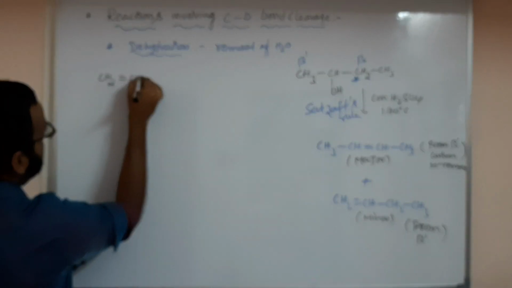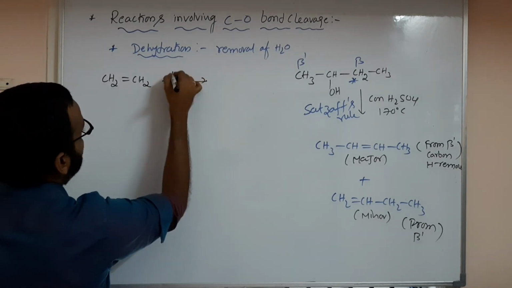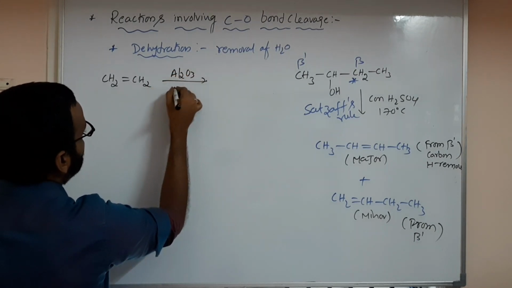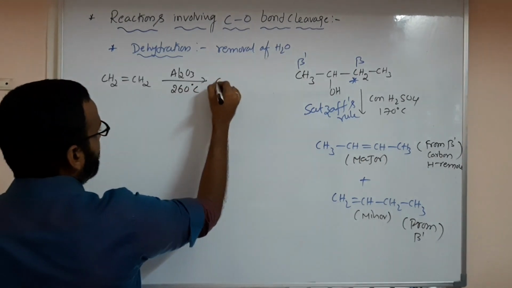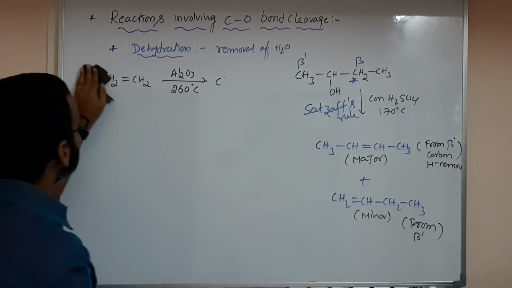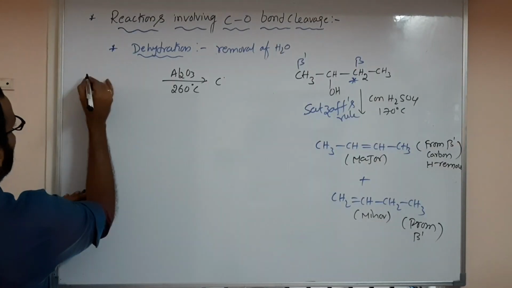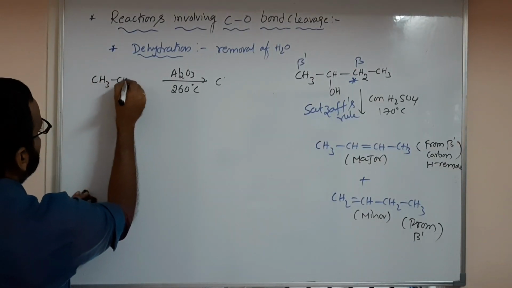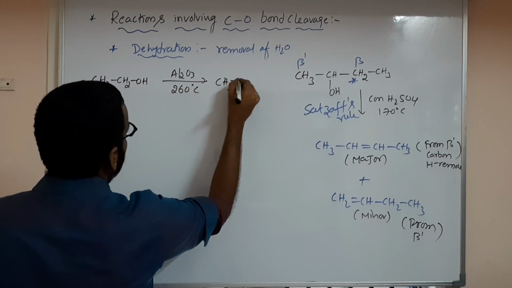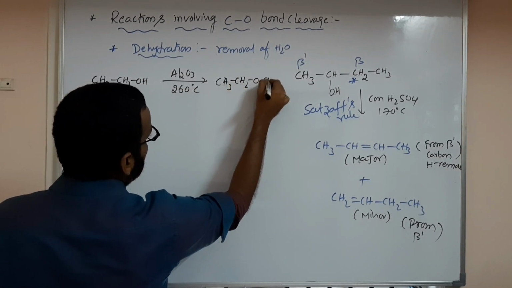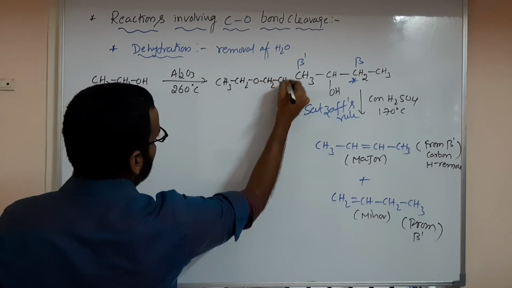CH2 double bond CH2. When you are treating with alumina, Al2O3, around 260 degrees Celsius like that given, then you will get, what I am writing, sorry. And I am taking alcohol, CH3CH2OH. Then ether is the product. That means CH3CH2OCH2CH3. I am getting ether now.